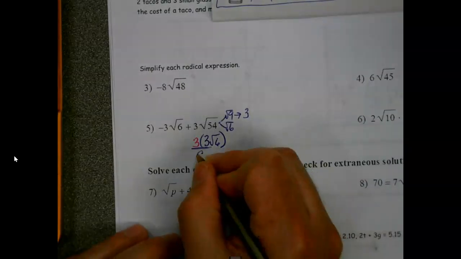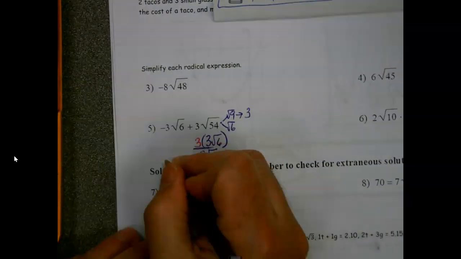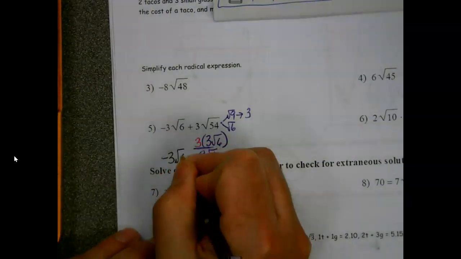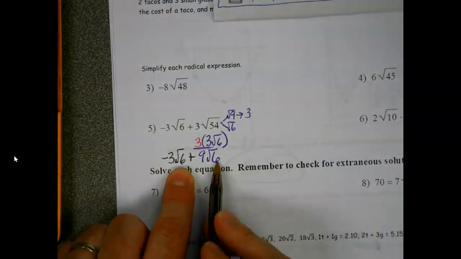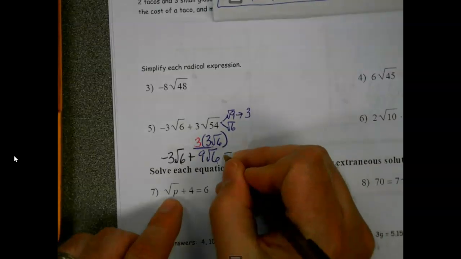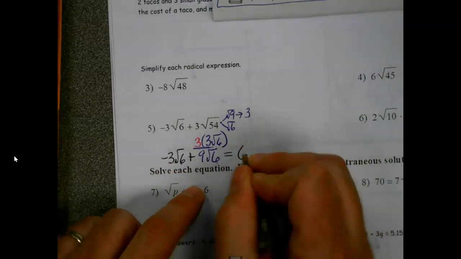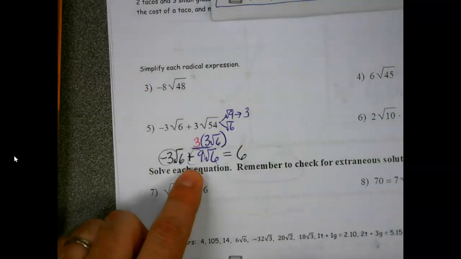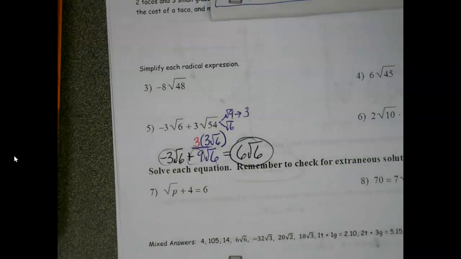They can be multiplied. And the reason that's important to see is now these are the same. Now they're like terms. So negative 3 plus 9 is 6, because I can add those together now and just leave my other radical alone.